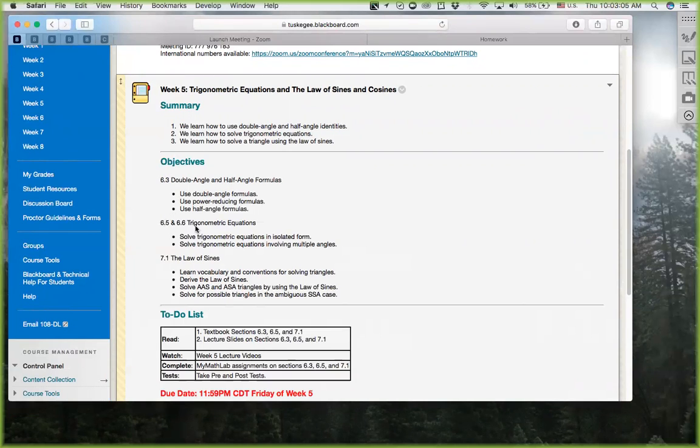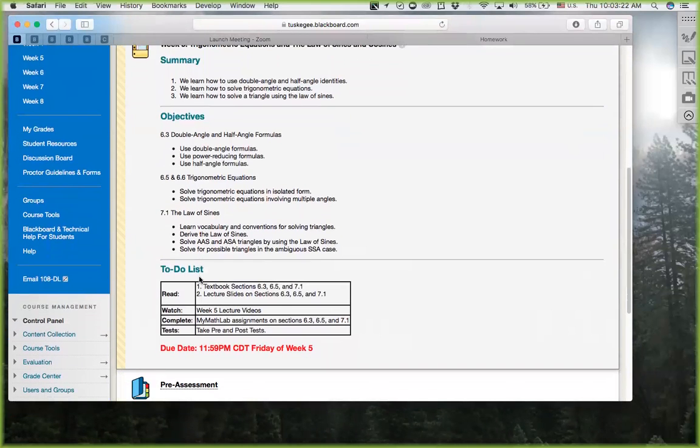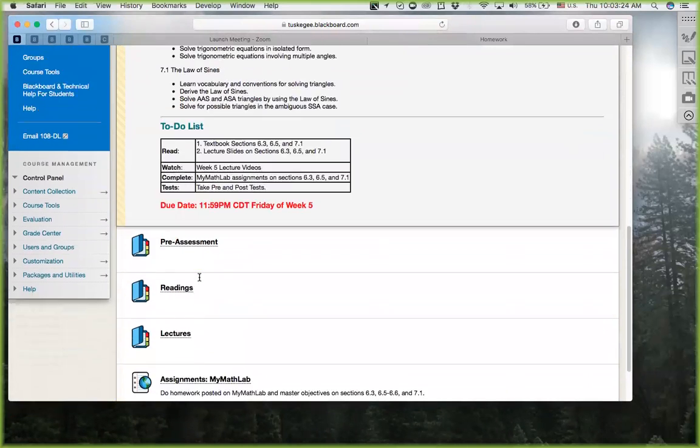And we also study the trigonometric equations. And in chapter 7, we will study a few applications of trigonometry. The first section is on the law of sines. So let me explain these sections one by one.